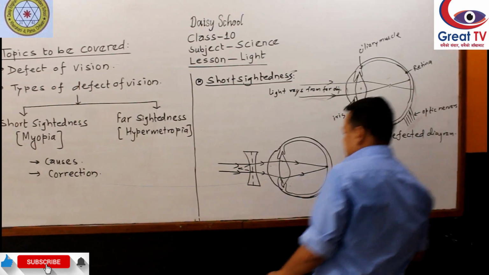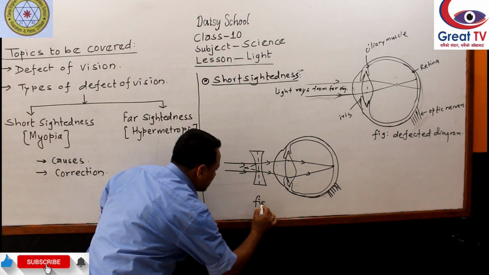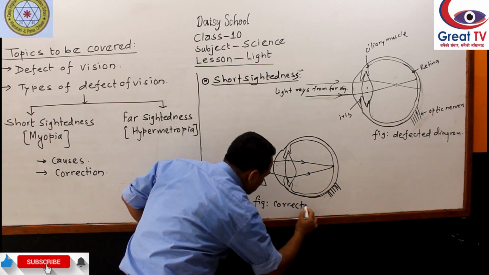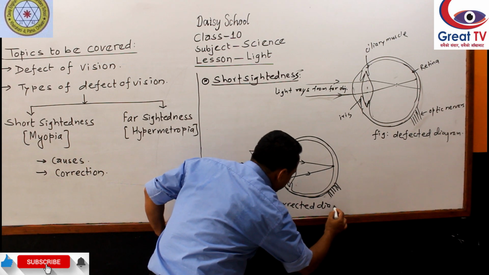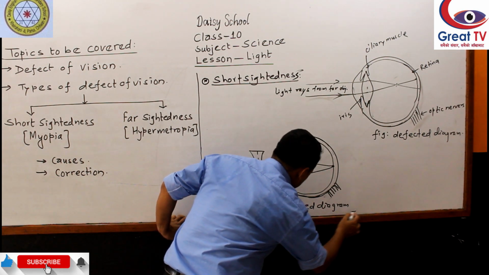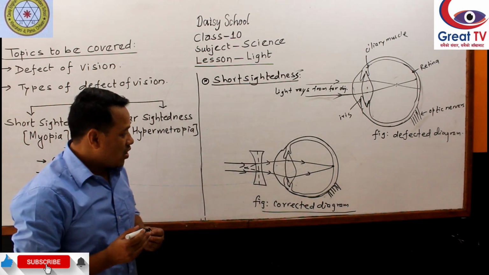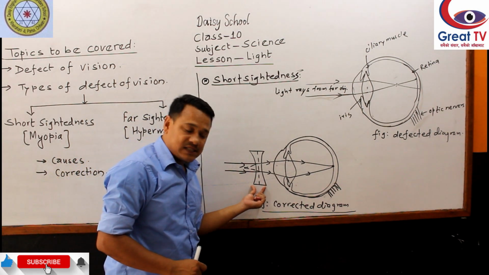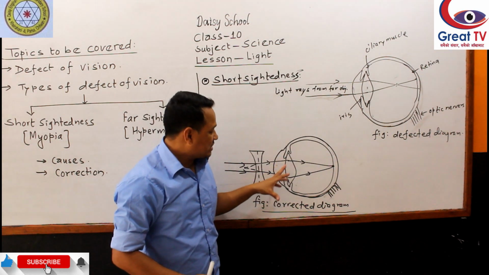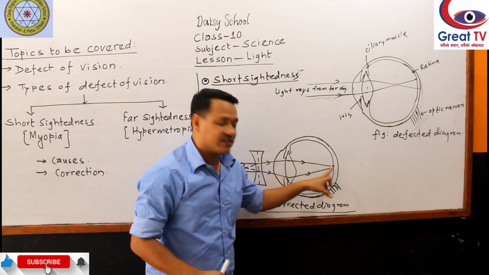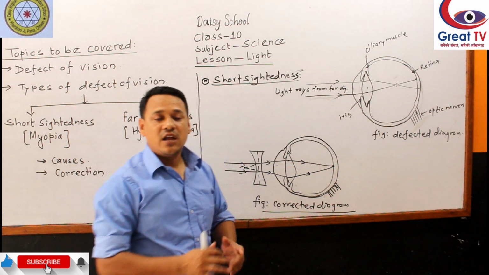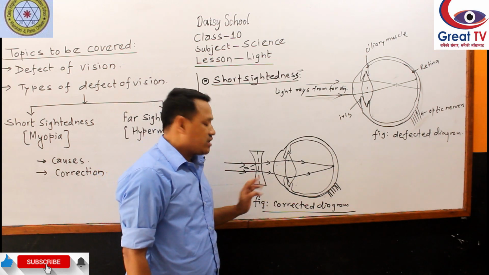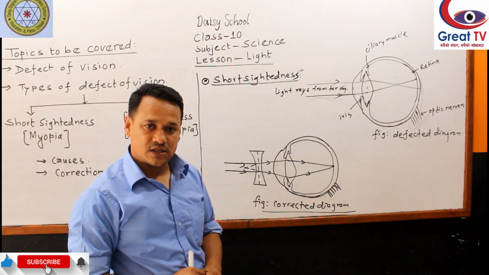When the light rays from the far object fall on the concave lens, it diverges them, they are converged by the eye lens onto the retina, and we are able to see the far object also. In this way, the concave lens helps to treat short-sightedness.